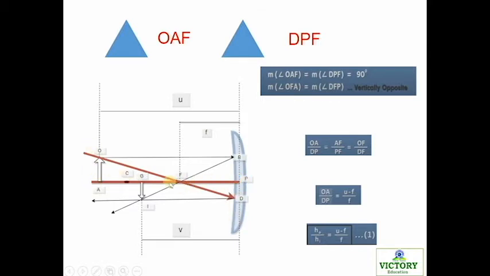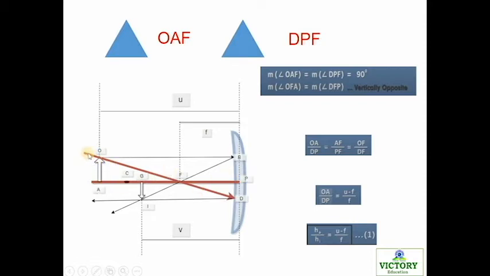Anywhere two straight lines intersect, the angle formed here would be 90 degrees. Similarly, the angle formed here would be 90 degrees. So I can easily say angle OAF and angle DPF are equal to 90 degrees, and they are the same. Anywhere two lines intersect, their vertically opposite angles will always be equal. So here I can say OD is a straight line and AP is a straight line.